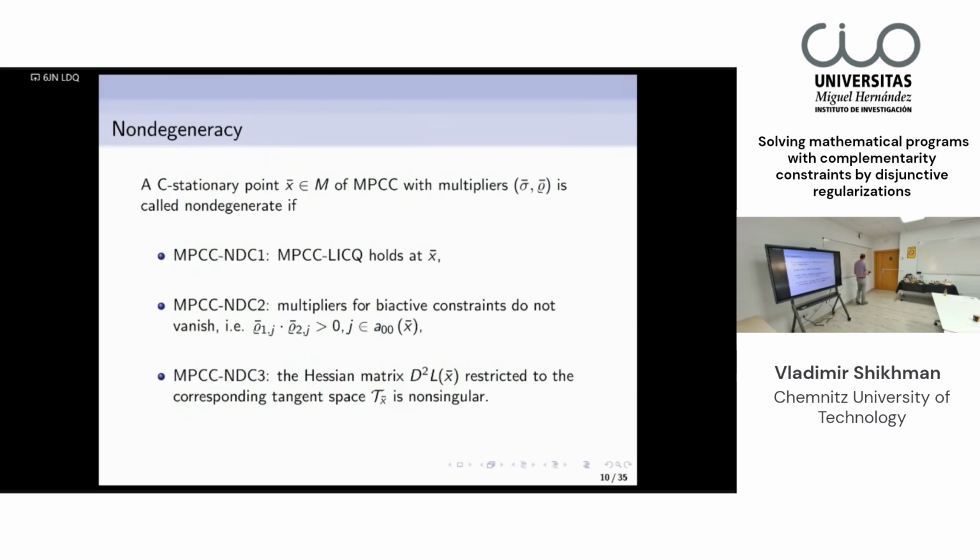Of course, we do not need to impose a condition on multipliers for equality constraints, as you do not need in the KKT case. Equality is not important. Inequalities are important. For inequalities, you say the Lagrange multipliers are positive, non-degenerate. But for equalities, you do not need it. And here too, you do not need it.